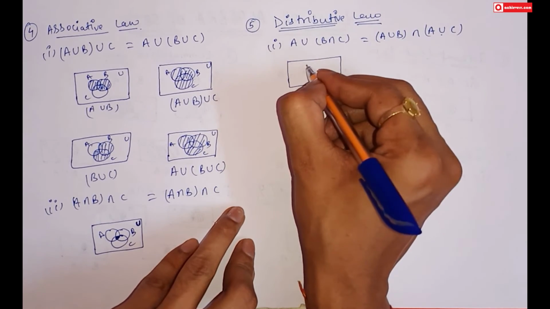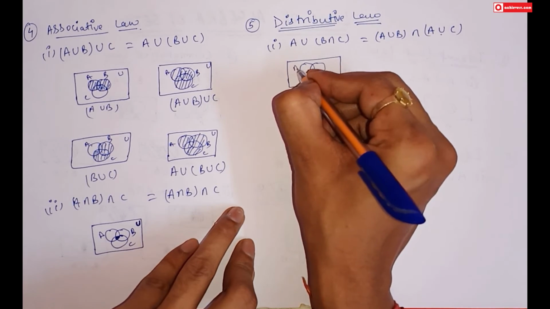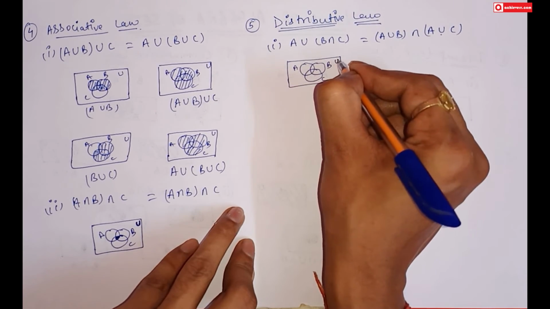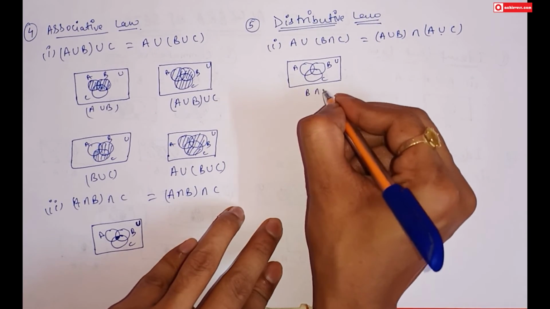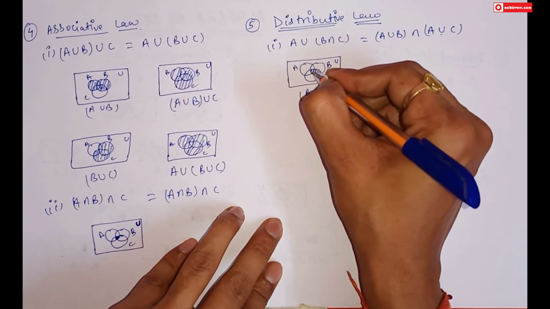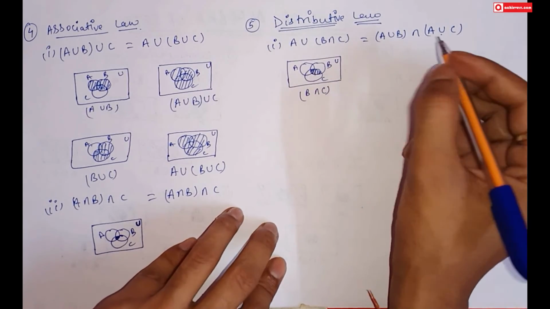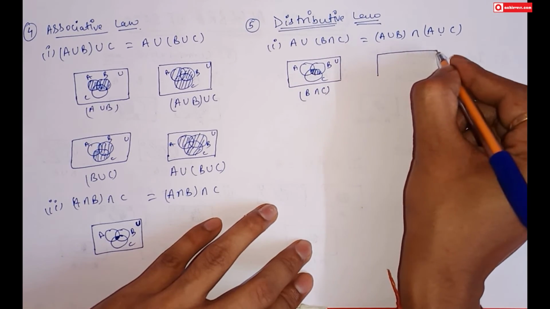So suppose we have three sets A, B and C, and we will first go with B intersection C. So what is B intersection C? This part. This is B intersection C. And now we will add A into it.